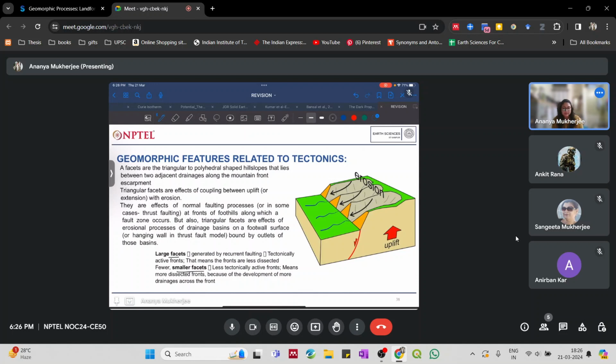Larger facets imply that there is recurrent faulting, and these are tectonically active faults, while smaller facets will signify less tectonically active fronts, because the development of drainages has happened much more than the development of the facets or the changes in the tectonics that we see in that area.